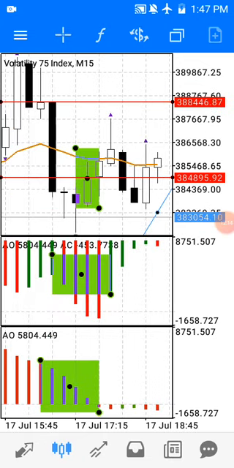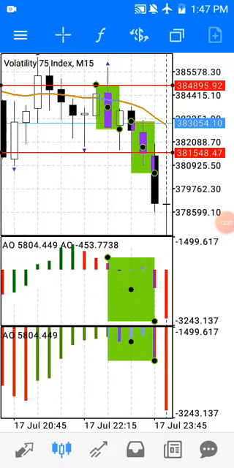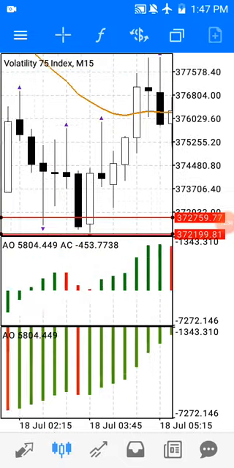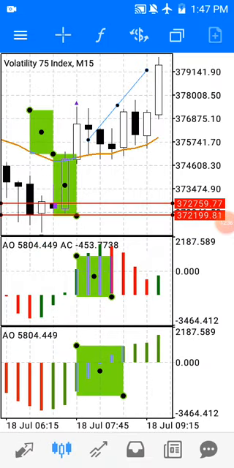The conditions are: allow price to close above the 21 EMA for you to have a buy signal. Your confirmation will be price forming 3 subsequent bars, like we have around here, above the 21 EMA.